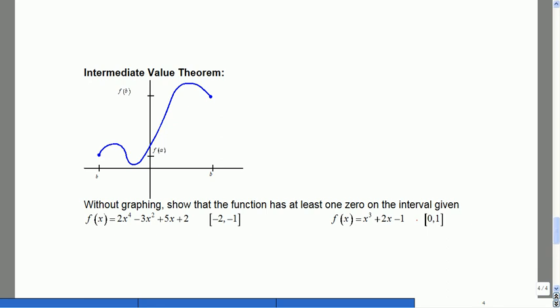So the last thing we're going to take a look at with continuity is the intermediate value theorem. It's kind of a theorem that is fairly intuitive. It's not really something that I want to spend a lot of formal time defining.